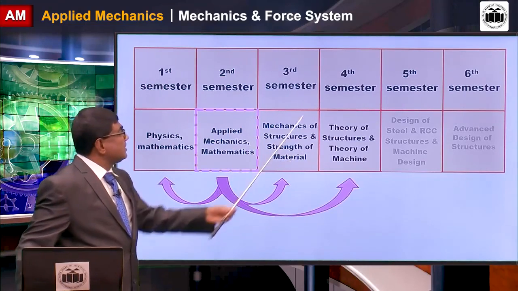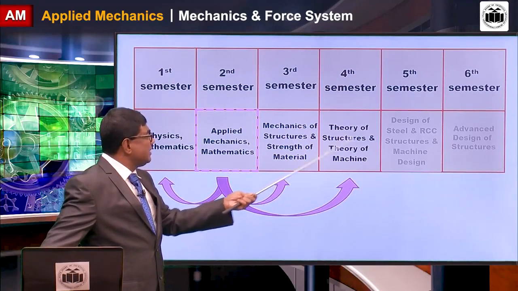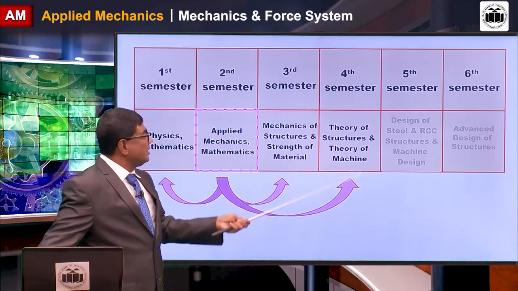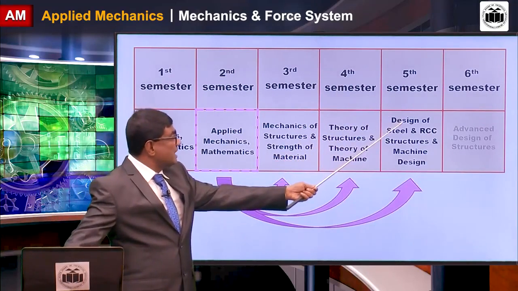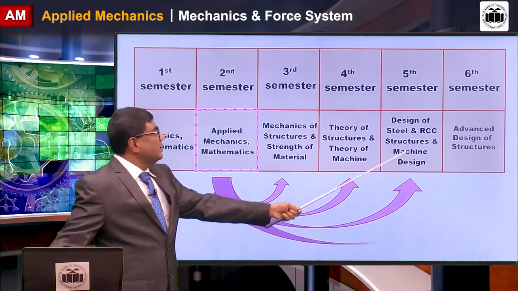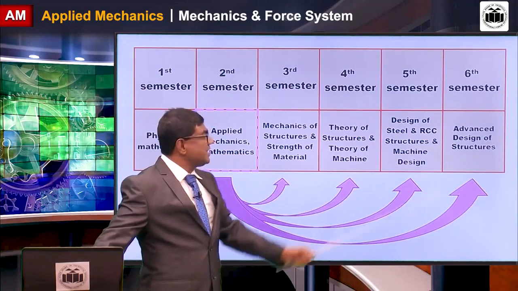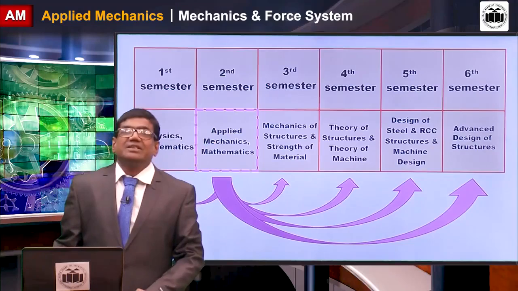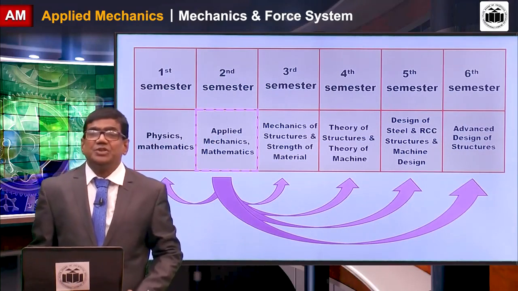In fourth semester you use it for theory of structure and theory of machine, and in the fifth semester the same knowledge is used to learn design of steel, RCC structures and machine design. In the sixth semester the same knowledge is required to learn the advanced design of structure. Like this, the subject which we are going to learn has subsequent use in future.